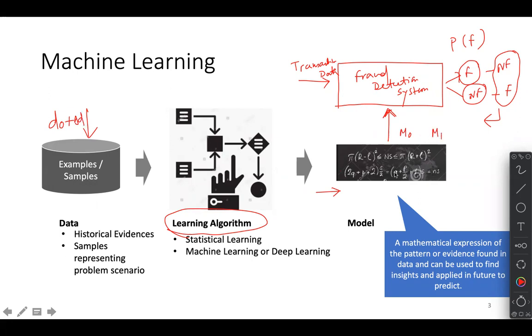And depending on the kind of mathematical expression or function that we use, sometimes it can be a simple function, or it can also be a very complex function, like a non-linear function, which can actually encompass a very strong pattern in the data. So it can identify complex patterns, and which can be deployed to identify complex scenarios also.